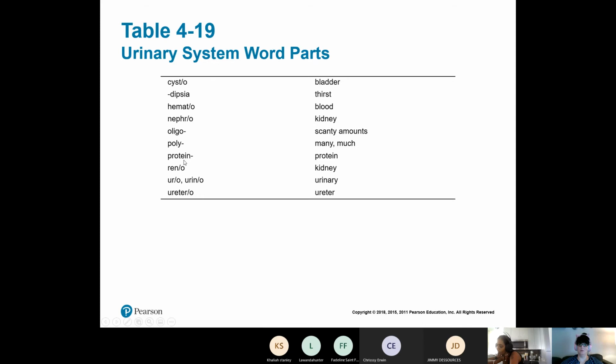Poly, many. And that's why I was throwing all these words. And where's my favorite? Where's urea? It's not up there. But urea means dealing with the urine itself. They have uro and urine, but it means urinary. And those words I want y'all to really be familiar with and make sure that you understand.